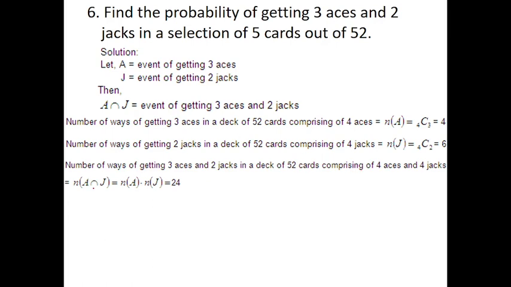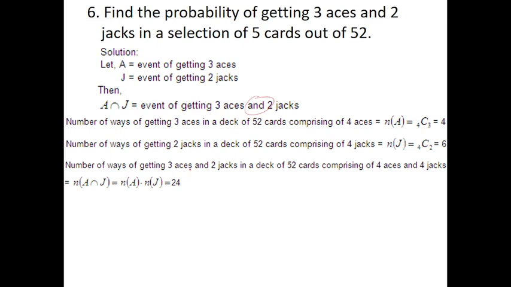So, ito yung event A at saka yung event J. So, multiply lang natin yung dalawang number of ways. 4 times 6, kaya 24. Okay? Kasi end eh. Dahil sinabi niya end eh. So, multiplication. So, 24, yun yung number of ways of getting 3 aces and 2 jacks in a deck of 52 cards.